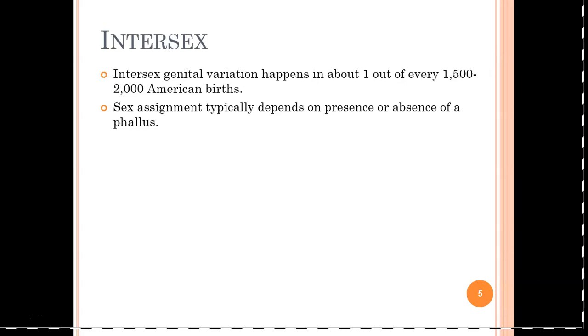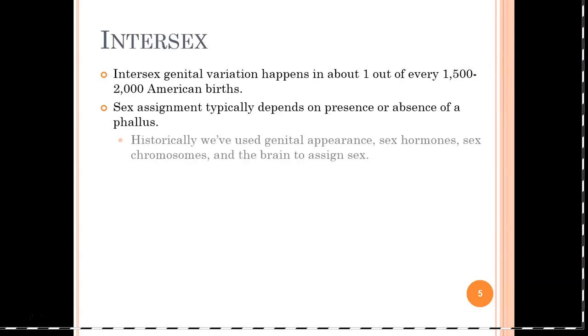When there is uncertainty, what has been done in the past, but is becoming less common now, is so-called corrective surgery on the babies to have them fit into the sex binary, to have them be a male or female body.